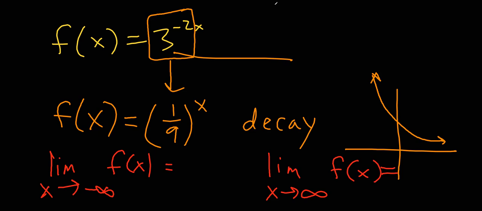Yes, you need to know how to write limits, just like we've done from the dawn of creation. As you approach negative infinity, that would be this way on the graph. What's happening? It's going to positive infinity, yes. As you go to the right a long way, what happens?